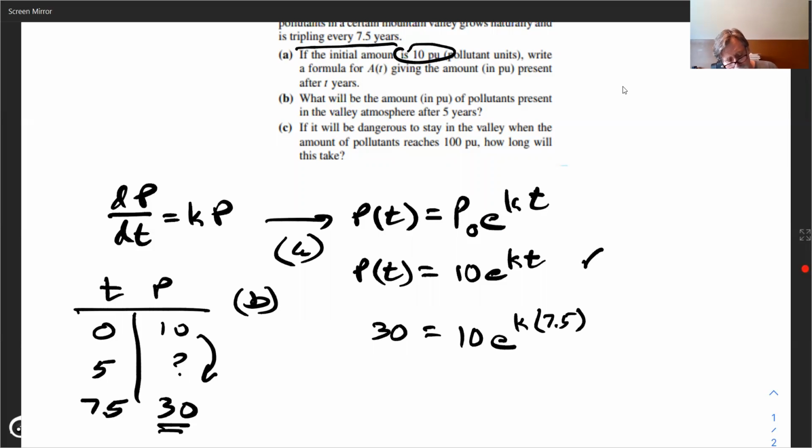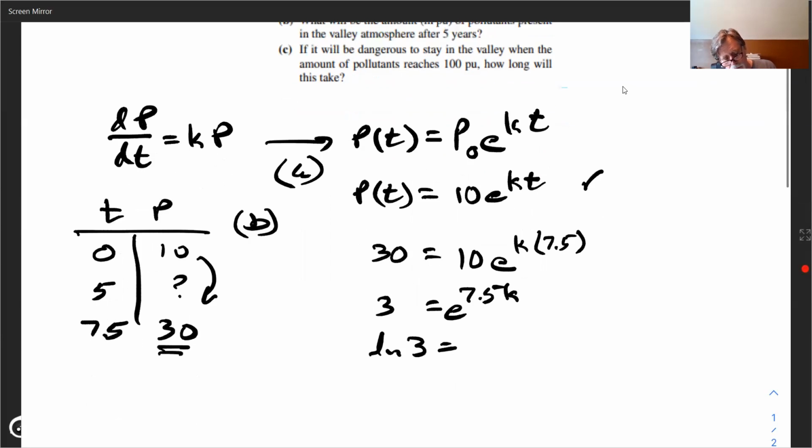Very quickly, you divide by 10, you have 3 equals e to the 7.5k. You take the natural log of both sides, which is a nice function to know, 7.5k equals natural log of 3. And finally divide, and you end up with k equals the natural log of 3 divided by 7.5.